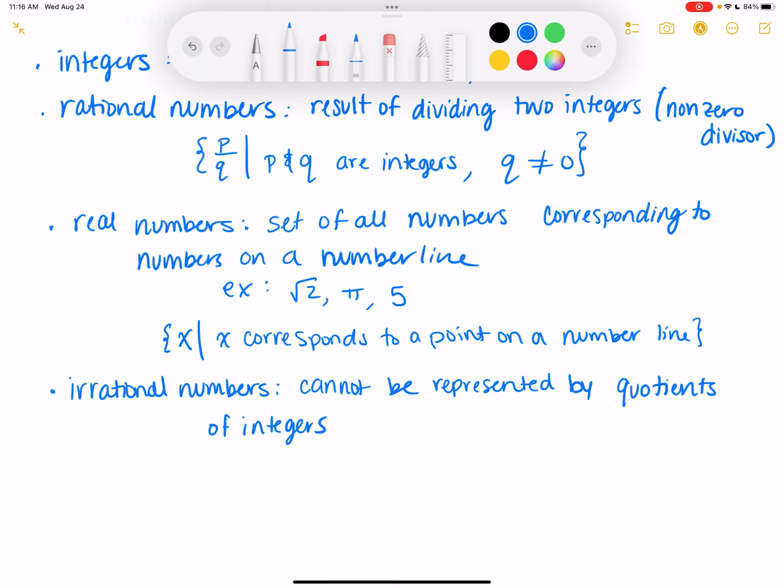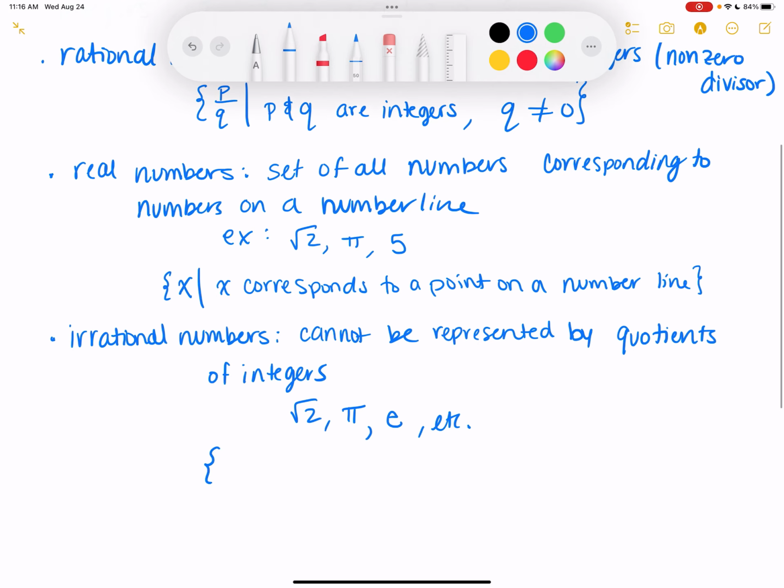So irrational things like the square root of 2, pi, e, etc. So it's the set of x such that x is real but not rational. So basically it would be a never-ending, non-repeating decimal.